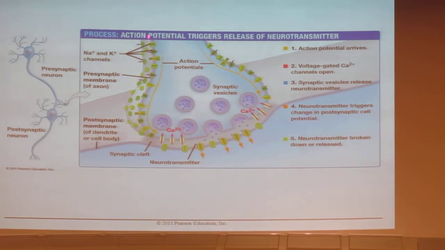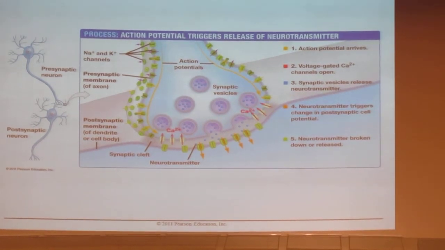All right, and if the action potential comes down, and the magnitude is strong enough, it's going to cause calcium to infuse from here into the cytosol in this region. That then causes a series of chemical cascades, molecular events, which then encourage these to move from here to the cell surface. They then empty their contents. They rupture, empty their contents, in this case, the neurotransmitter, into the cleft. It's then received here.